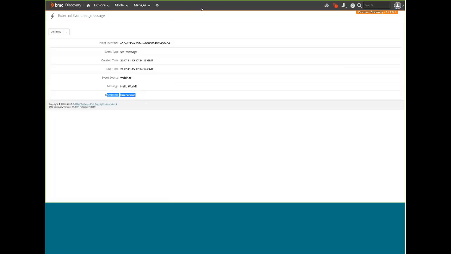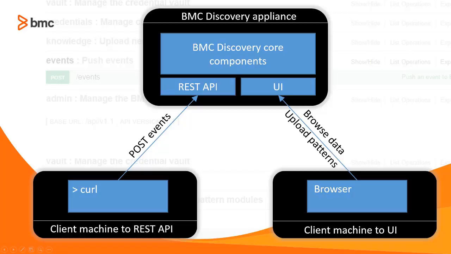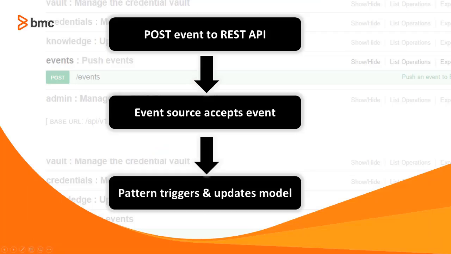So this is just a silly example, as I said, but let's just reiterate what we've done. We've posted an event, in this case using a Linux client using curl, into the REST API about something that's changed. In this silly example, the username and the message field were standing in for data about something that's changed.